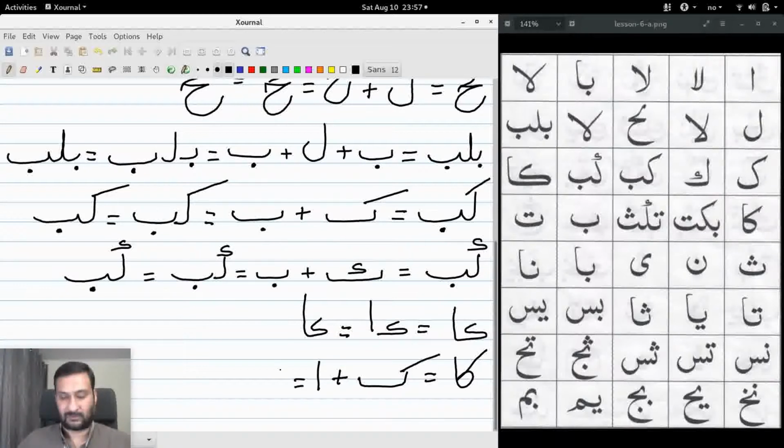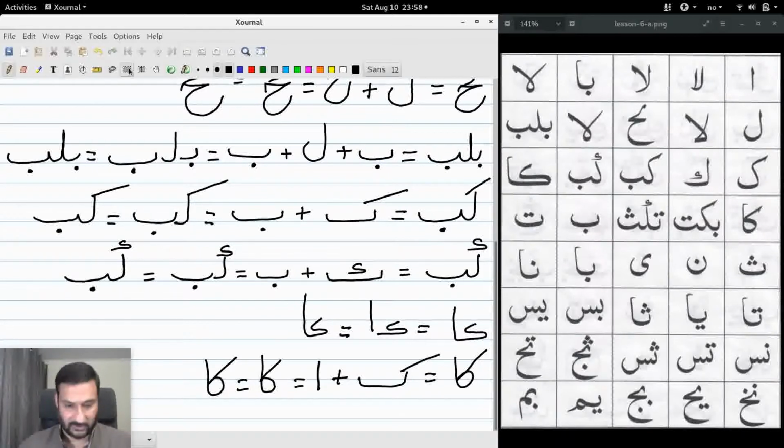That becomes the first part of kaf. Okay, so this is special. This is a more glorified way of writing this kaf. The line goes up, and then you make a circle, and you take it up. So kaf alif. And of course, I showed you another way of writing this. The easier way is just make a ba and go up, kaf alif.